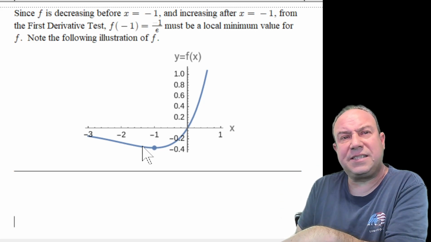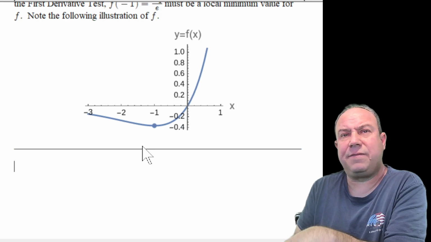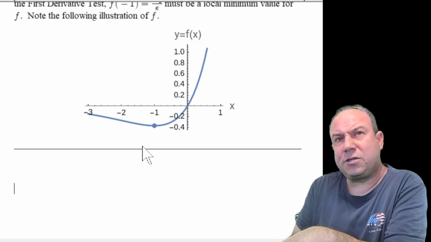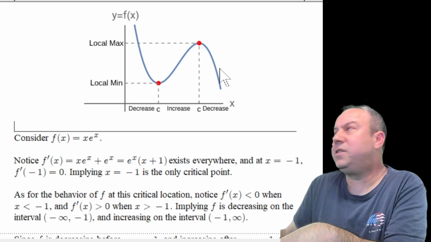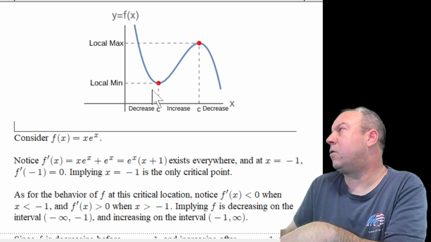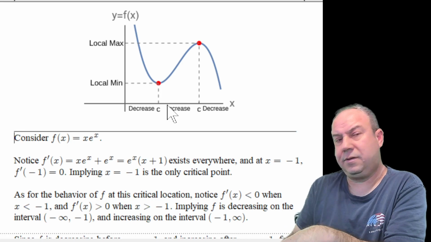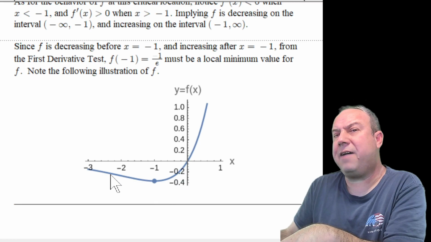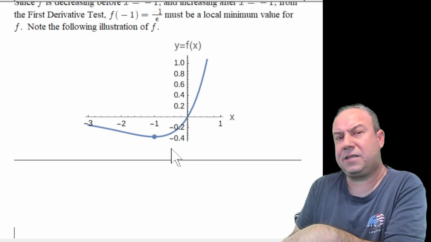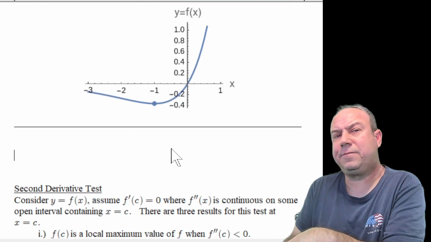And that's what the second derivative test looks at, folks. The first derivative test examined these intervals of increasing and decreasing behavior around our critical points. Now, we're going to consider the concavity. All right, that's the second derivative test.